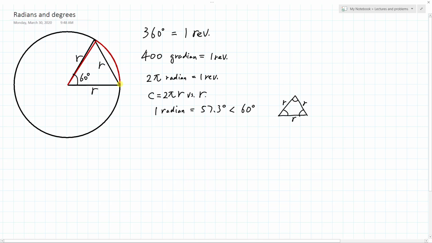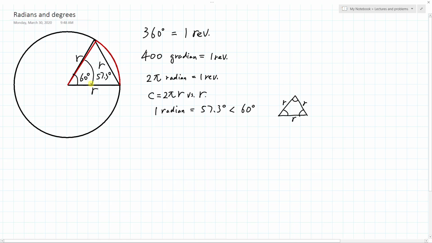Well, because it's curved, it's not going to reach as far as this straight r, so it's only going to reach over here, this red arc. So the angle the red makes with this horizontal black is a little less than the 60 degree angle, and it is 57.3 degrees. So this is how the two units are comparing against each other.